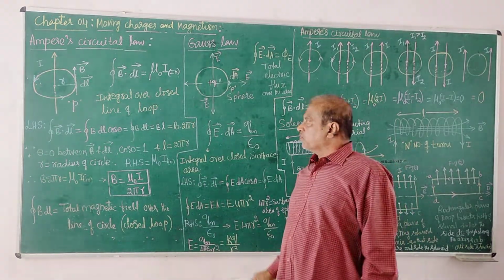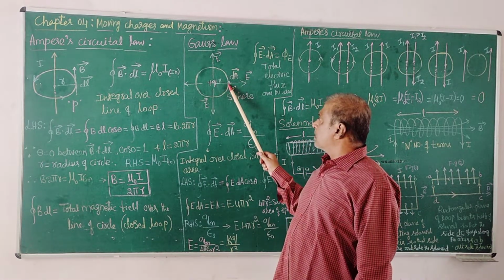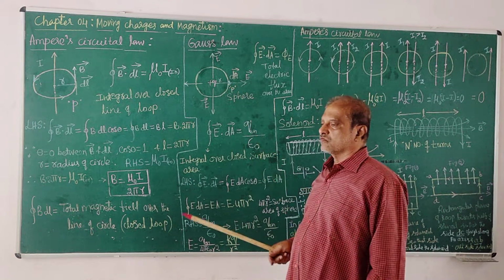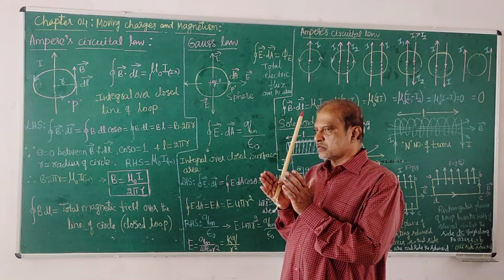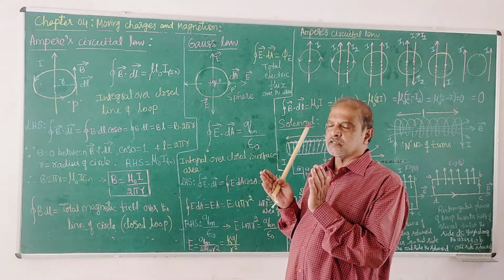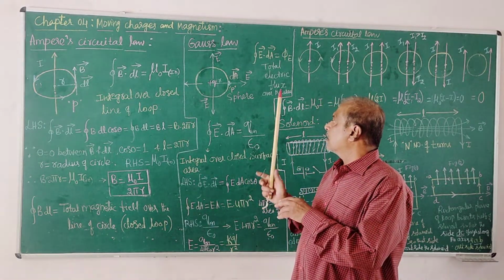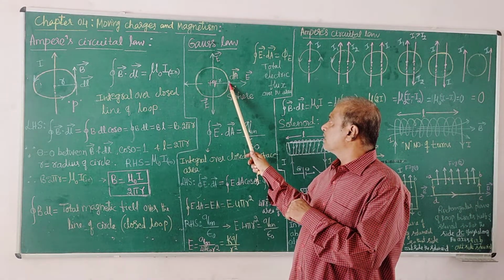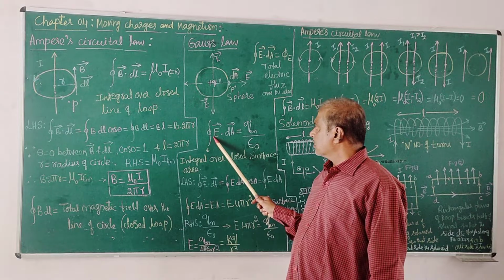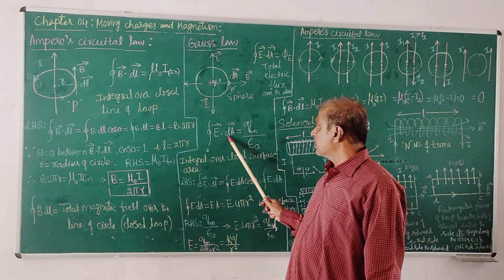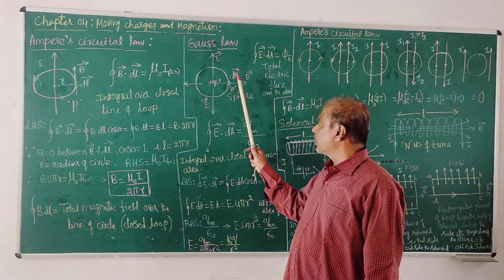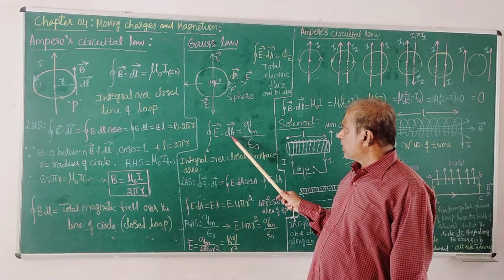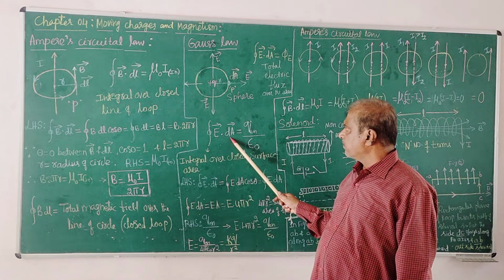So two vectors are operating at this point, and the angle of separation between the vectors is theta, that is 0, and the magnitude is given by the same type of formula. What is that? The dot product of the two vectors E and dA.